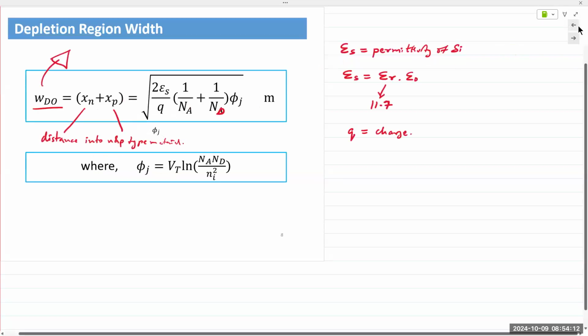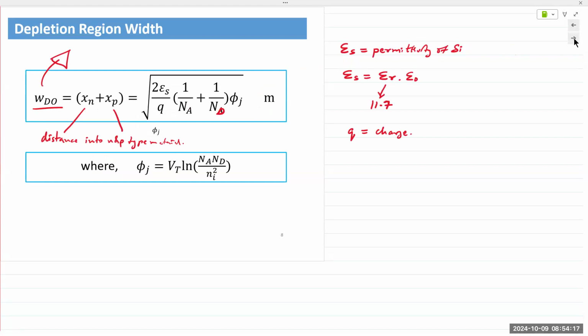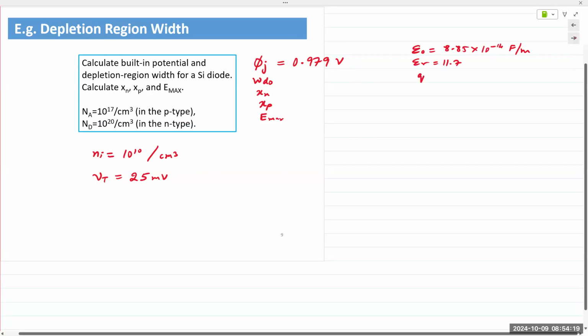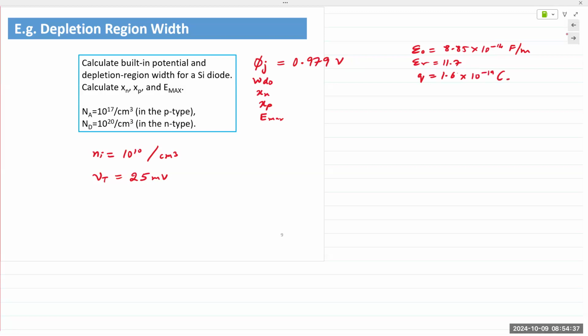What else do we need in that equation? Na and Nd are given to us. Q is the standard charge, so 1.6 into 10 raised to minus 19. There you go. No, wouldn't, because you have Na and Nd, which are like 10 raised to like 17 and 20 in the denominator.